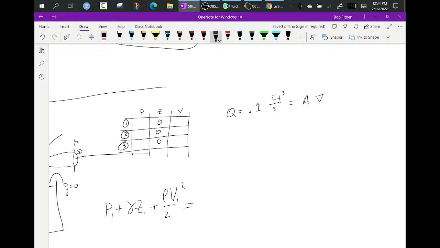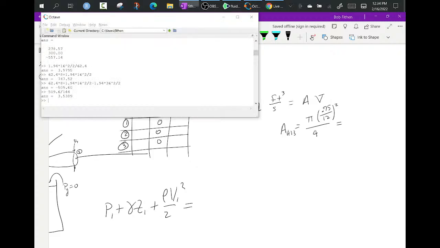Now the area, we've got two different areas. There's the area of the hose, which will be both 1 and 3, which is pi times 0.75 over 12, that's how many feet it is, squared over 4.